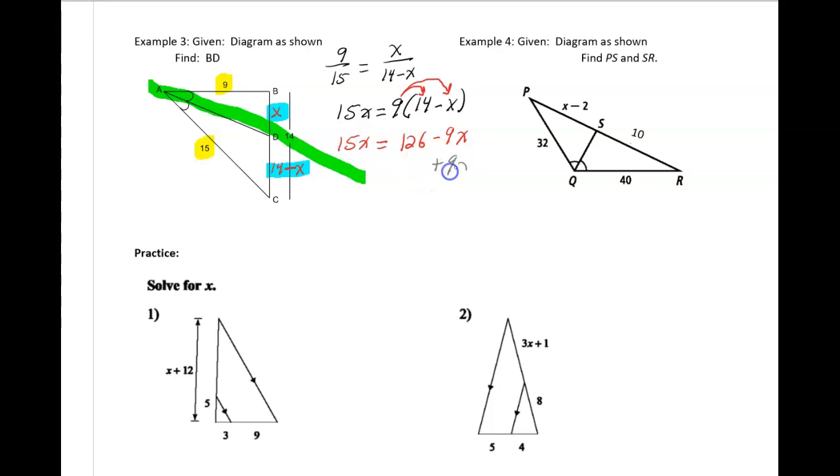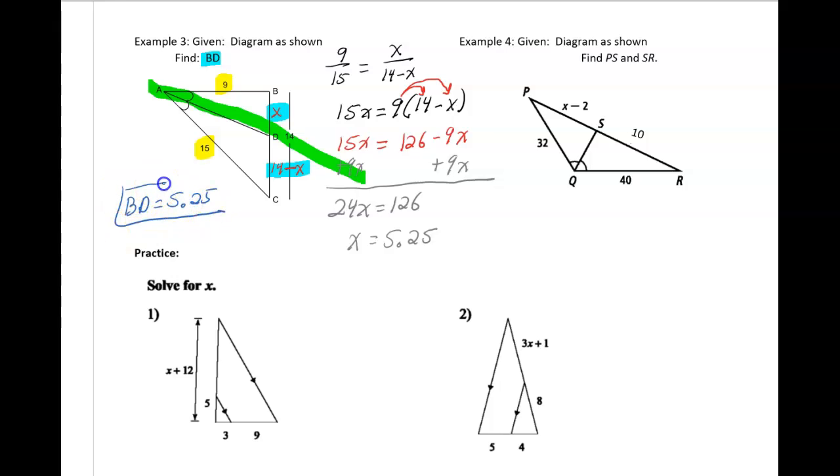Let's add 9x to both sides. 24x is equal to 126. 126 divided by 24 is 5.25. Now, if you read the problem, we want to find BD. So BD is x, so the final answer here is BD is equal to 5.25.